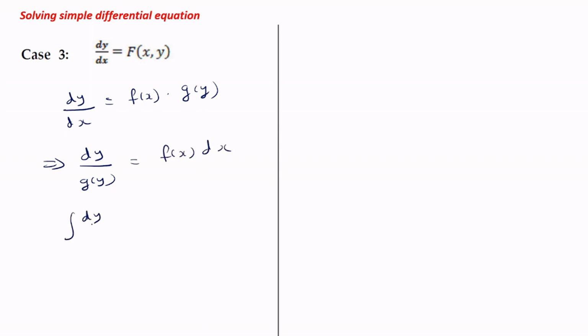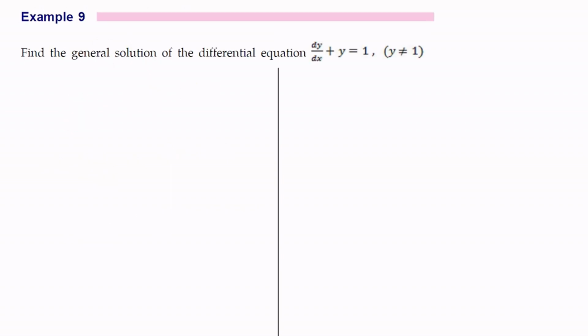Now we can integrate both sides, equal to integral f of x dx plus c. So this is how we can proceed for different types of differential equations to find the solution. Let us continue with the examples.